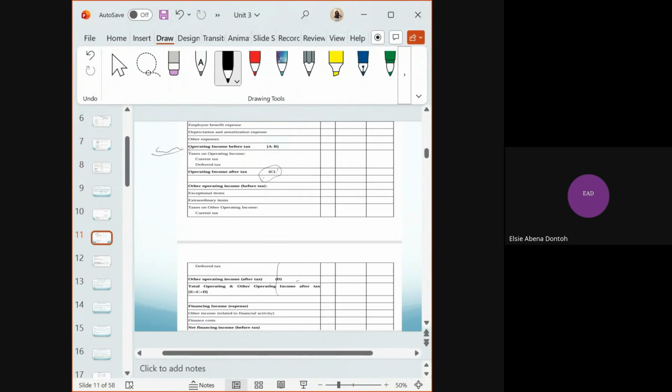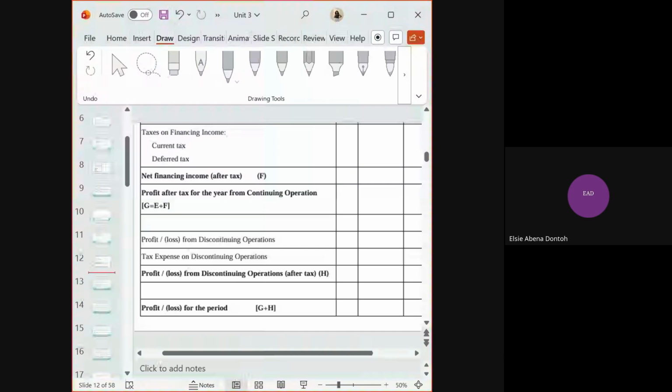That will give us E. So to get the profit after tax for the year from continuing operation, it is E plus F.